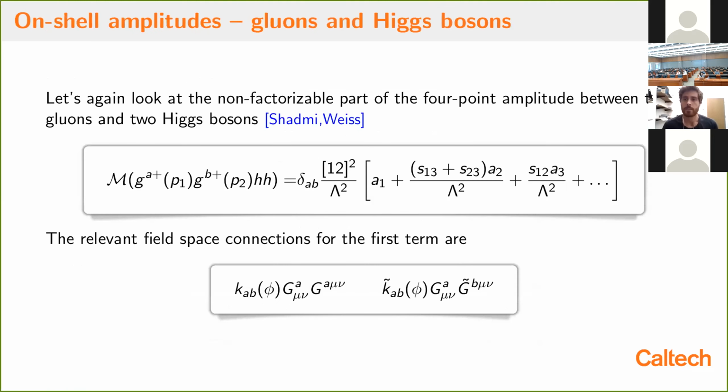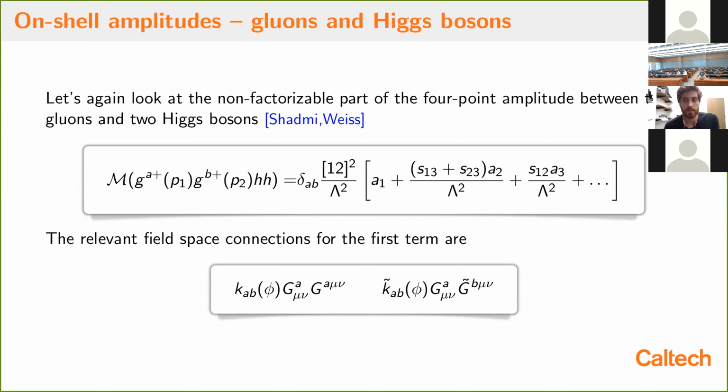And now we can go back to our original example of this non-factorizable part of two gluons and two scalars. So we have different kinematic variables. We have these spinor products. But if we focus on this A1 coefficient, we'll realize that the relevant field space metrics are now given below here. It's the same as before, but now they're gluon field strengths as compared to electroweak field strengths.